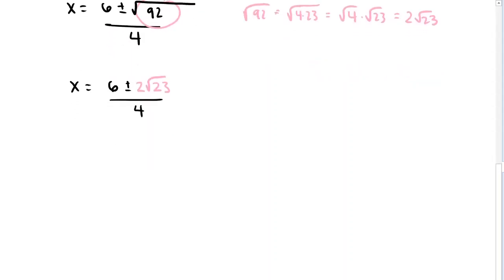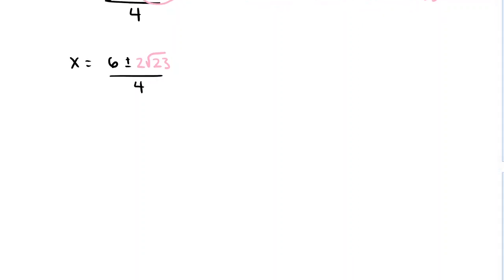And then now we can do this division by 4, right? Whenever we're dividing this sum here, we really ought to divide both terms, or all the terms. It's kind of like distributing that division. Another way we can more clearly see what to do here is to factor out a common factor of 2 in the numerator to get 3 plus or minus the square root of 23 over, maybe I'll write it as 2 times 2, and I can cancel out this factor of 2.